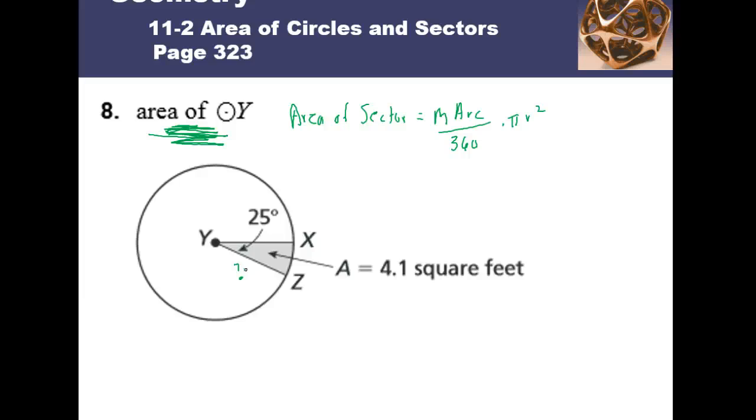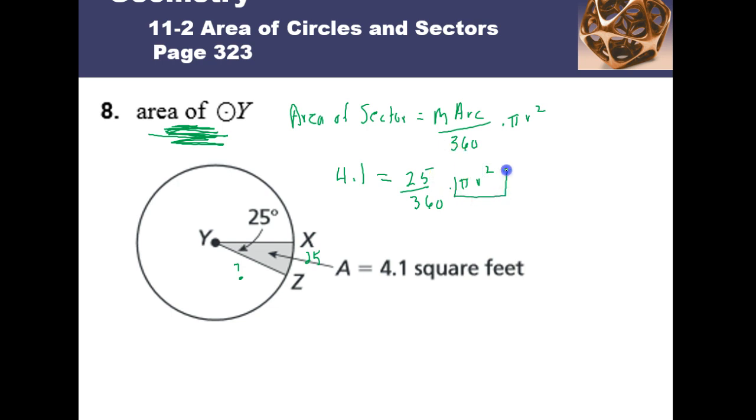Actually, there's another way. Let's try this way, and then maybe I'll discuss the other way with you. This way is actually the harder of the two ways, but maybe a little more straightforward for you to think of. So I know the area is 4.1, and that equals the measure of the arc, which I also know, and that was 25 over 360 times pi r squared.